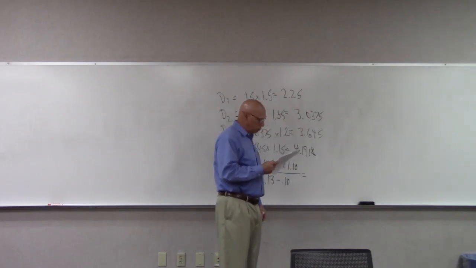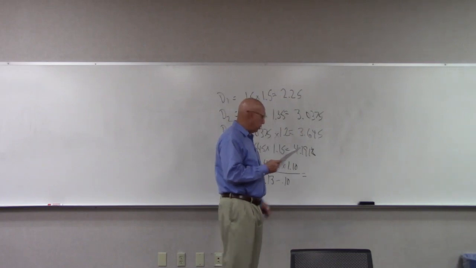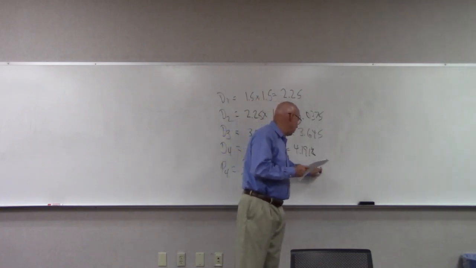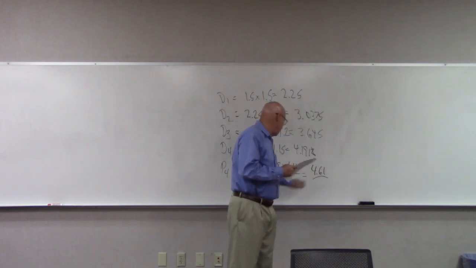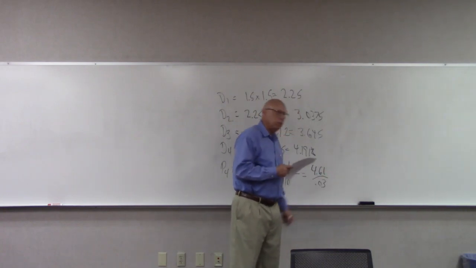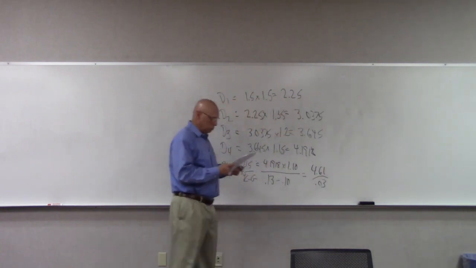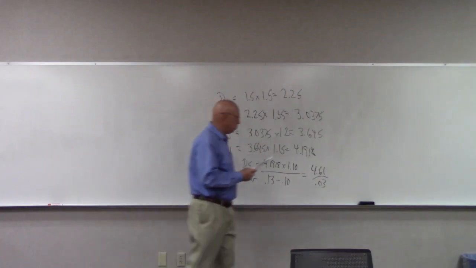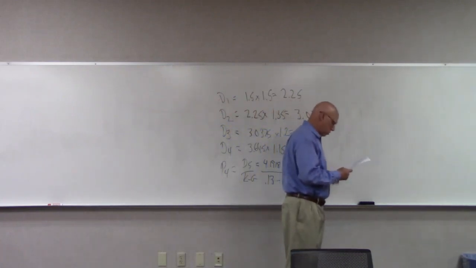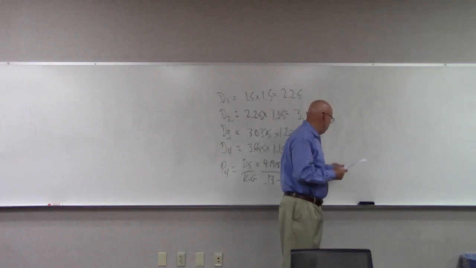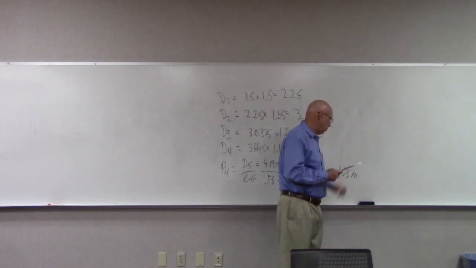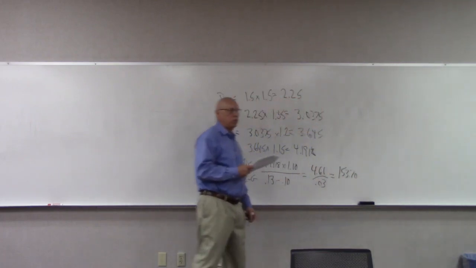And so D5 is $4.61 divided by 0.03 equals 153.70. Okay.